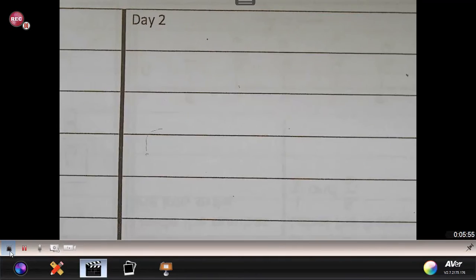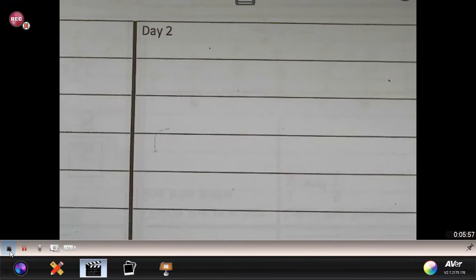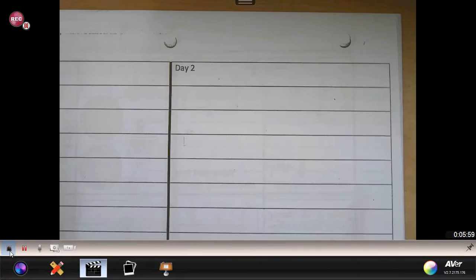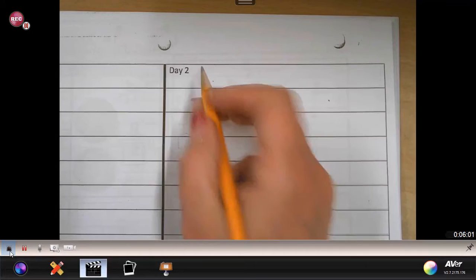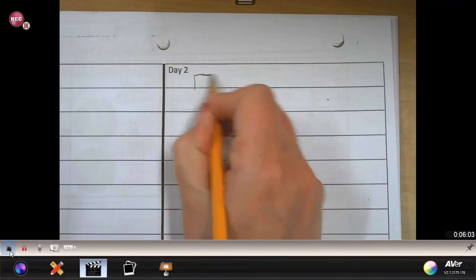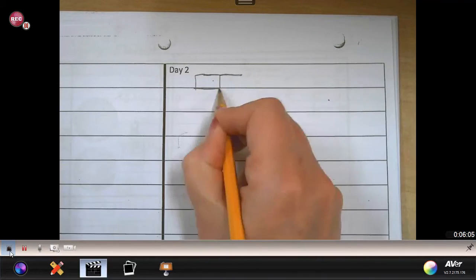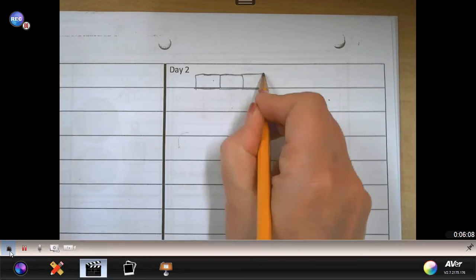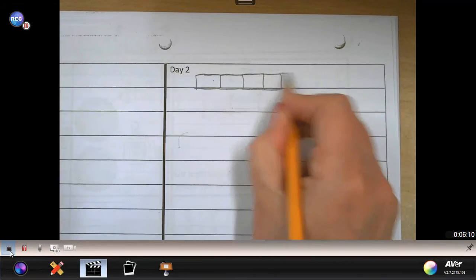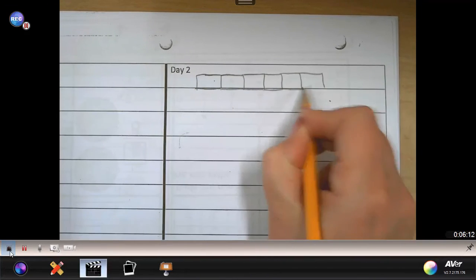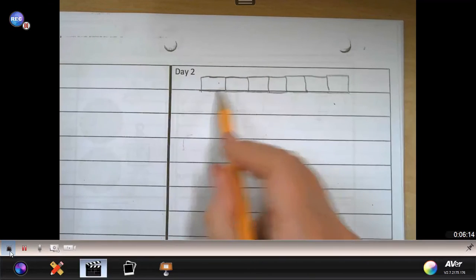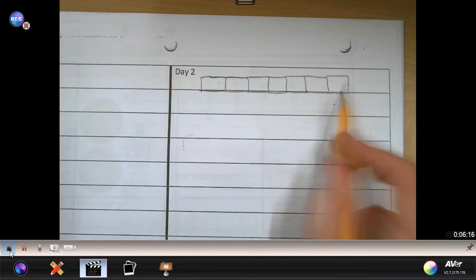So I'm going to use my understanding of using a bar diagram. I'm going to zoom out. There we go. So 7 days. That's a week, right? 7 days in a week. 1, 2, 3, 4, 5, 6, 7.